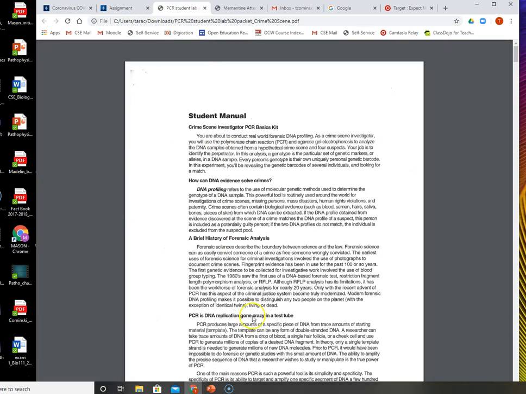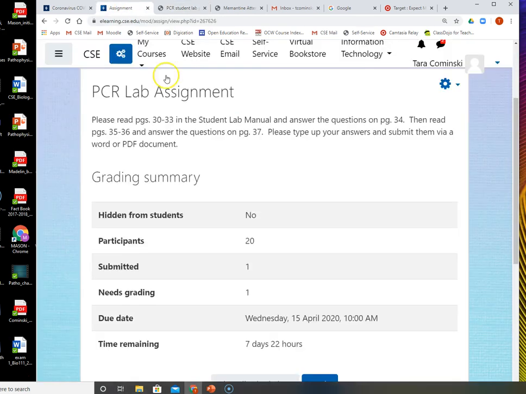So that's in the folder there. Basically the assignment is to read pages 30 to 33, answer the questions on page 34, then read 35 to 36 and answer the questions on page 37, type up those answers, and then submit them here, okay? So like I said, this is due Wednesday by 10 a.m., by class time.